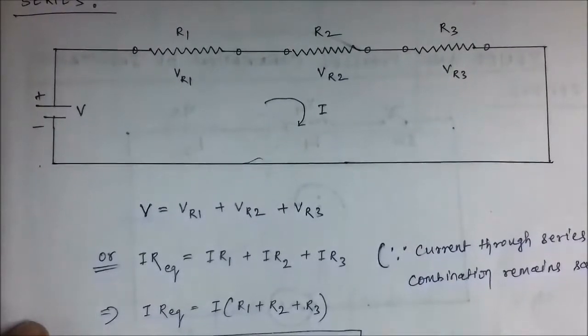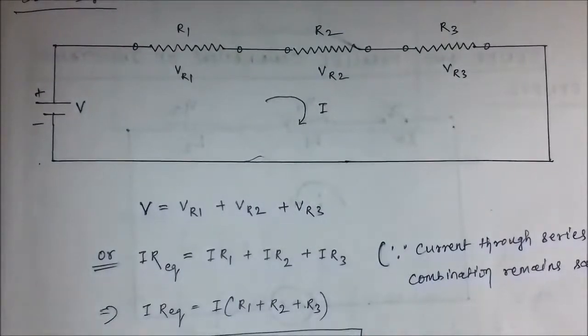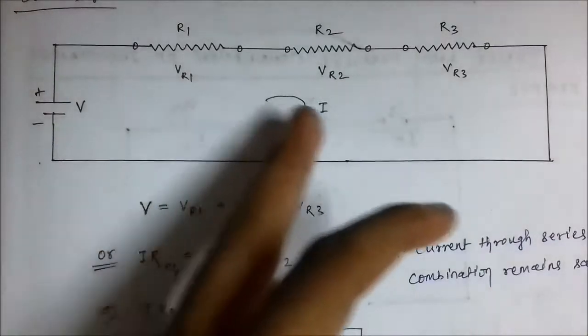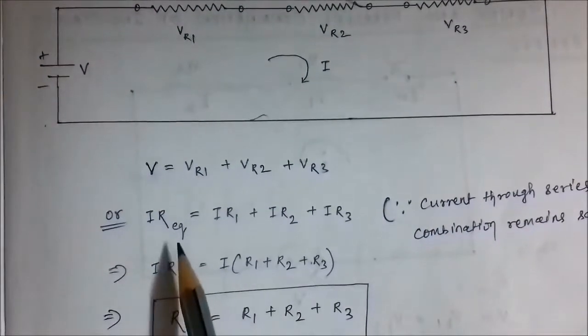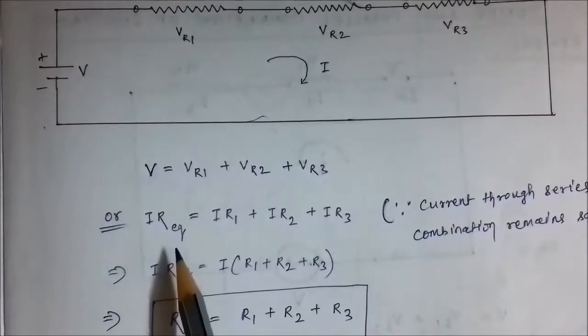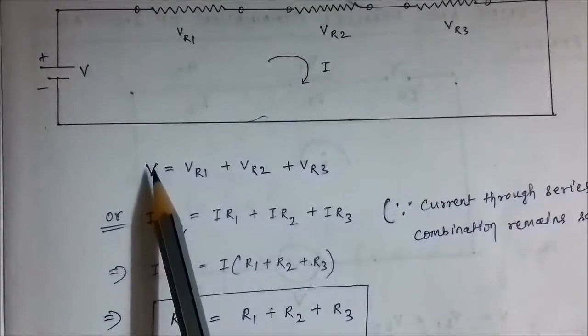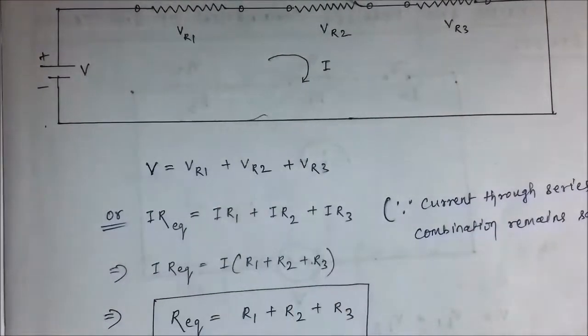Now let the equivalent resistance of the circuit, taking into account all the three resistances, be equal to R subscript EQ, R equivalent. So we can write the applied voltage as I into Req, where I is the circuit current.